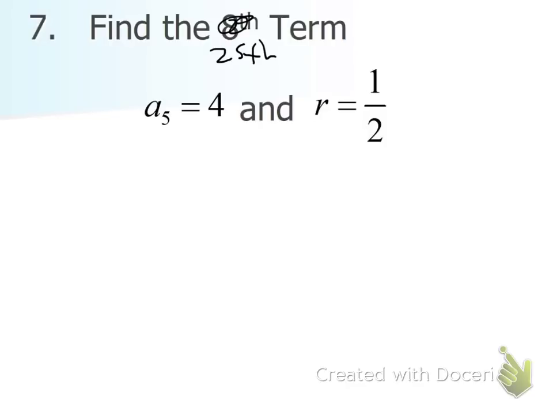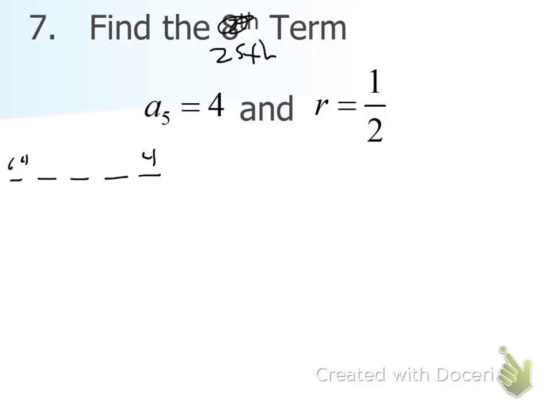Now, I'm comfortable with you going, okay, if the 5th term is 4, then going back 4, 3, 2, 1, and if the ratio was a half, if I went the other way, it's times 2. So this would be 8, 16, 32, 64.